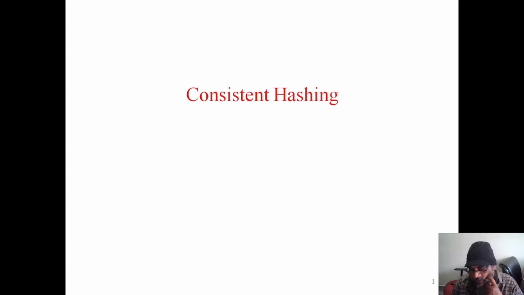There is one important factor that is called consistent hashing.